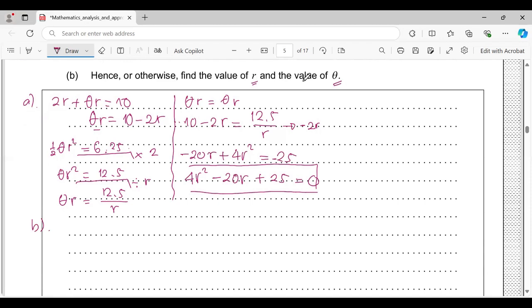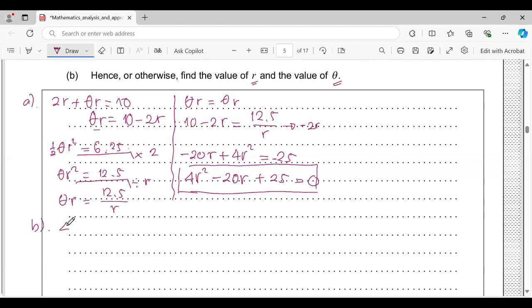That's question B. Through this equation, 10 minus 2r equals 12.5 over r, and we have this equation.